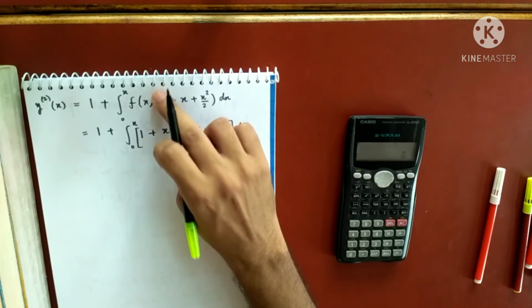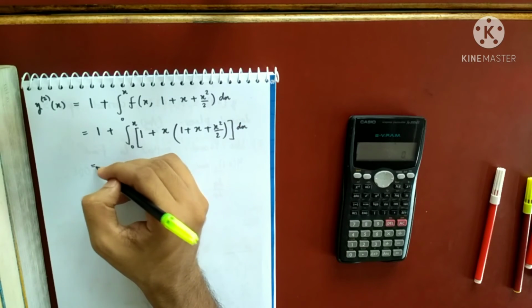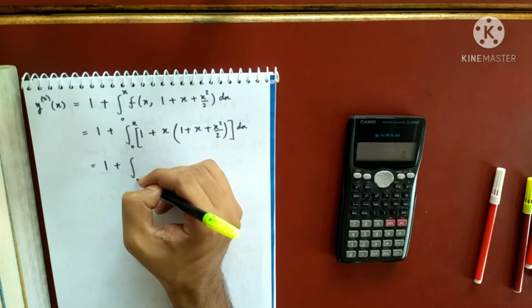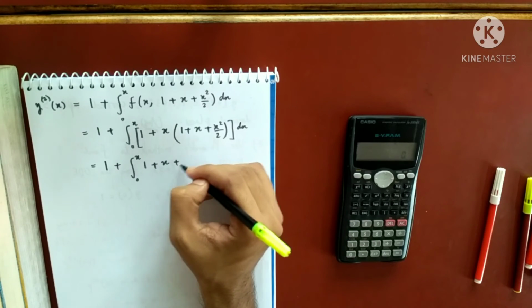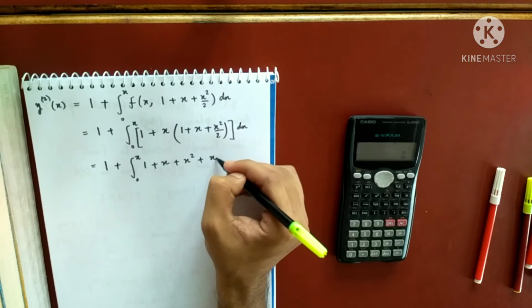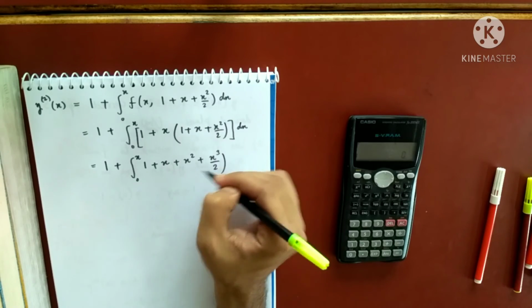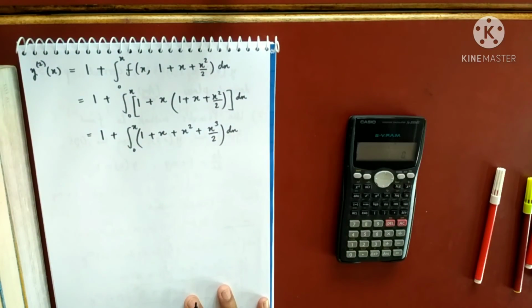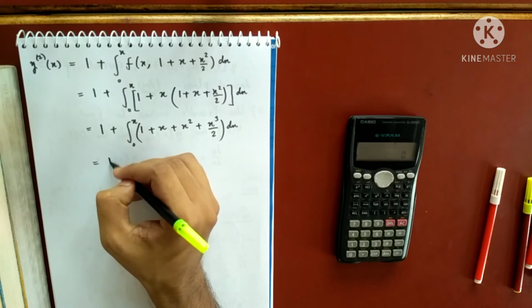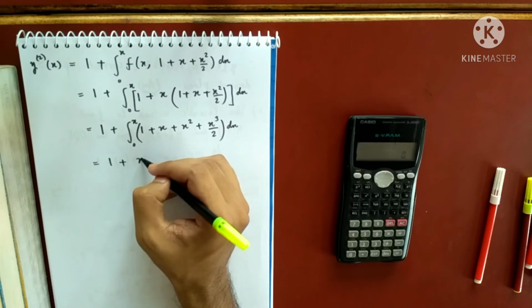I hope I am clear that the function is 1 + xy. So 1 + x times y, where y is this. Let's multiply this first: 1 + x + x square + x cube by 2. And let's integrate this.